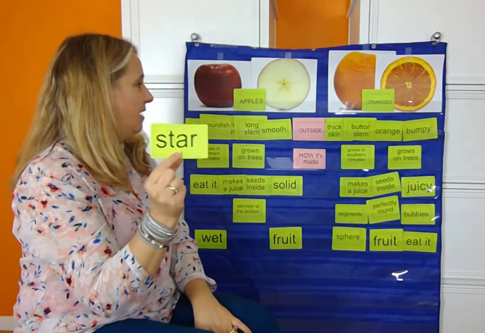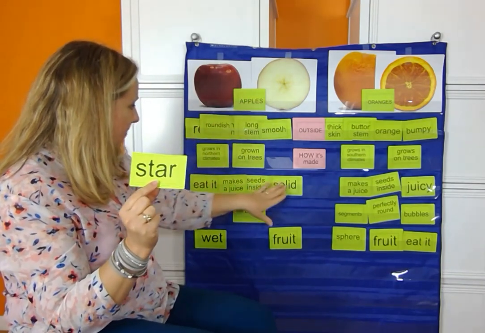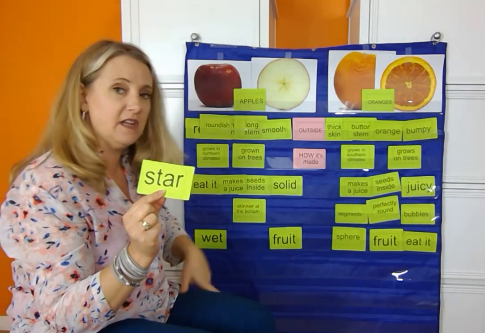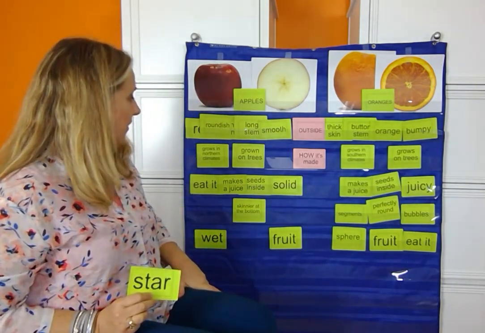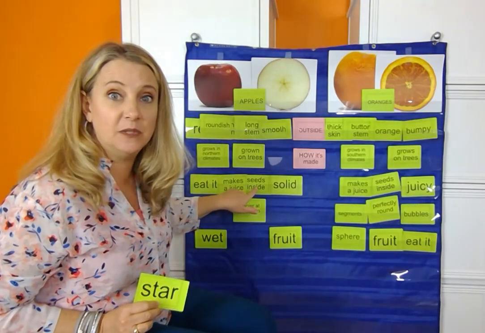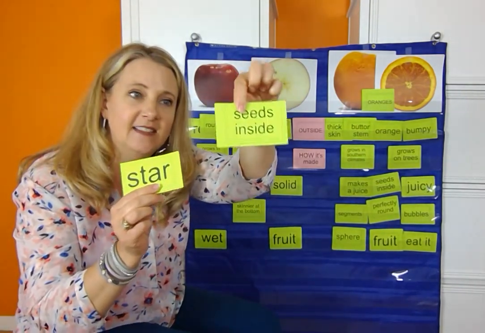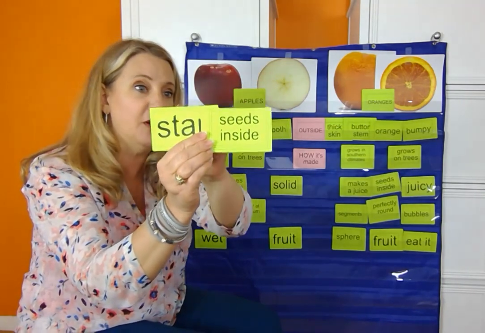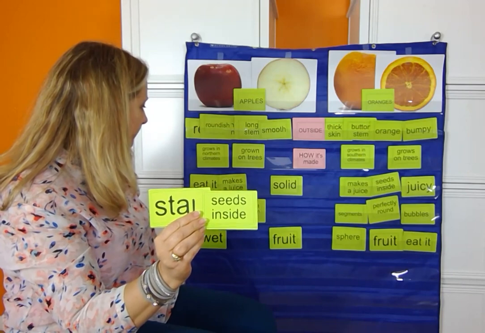Yeah, that's what I'm thinking. Is there anything else that would make a group for inside? What did you see? Oh, it says inside on this one. Is that what you were saying? It says seeds inside. Yep, the star is made by the seeds on the inside.